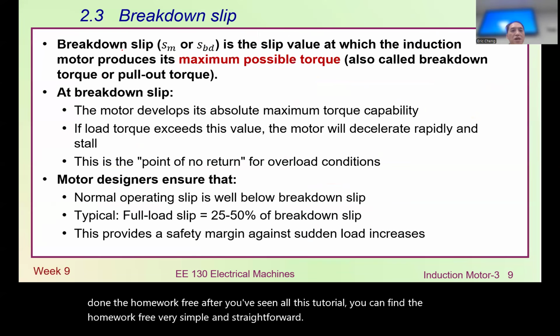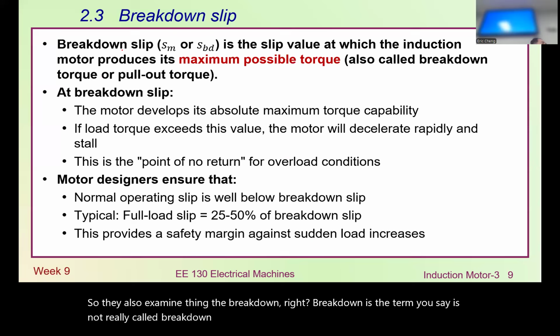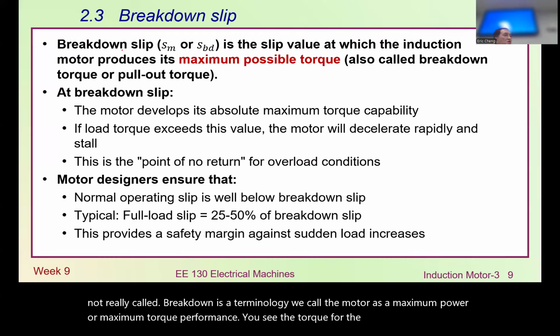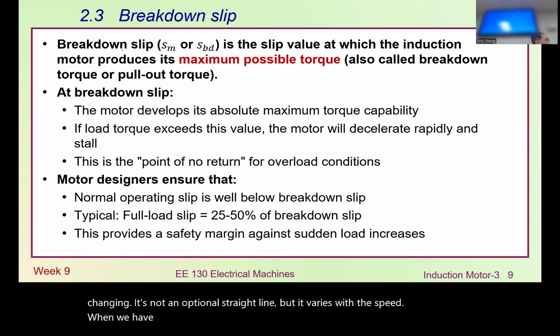So we are also examining the breakdown, right? Breakdown is not really a breakdown; it is a terminology we use meaning the motor has a maximum power or maximum torque performance. You see the torque for the induction motor is changing. It's not a horizontal straight line, but it varies with the speed when we have constant voltage input to the system.